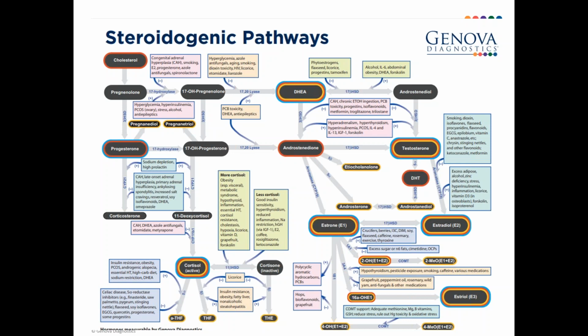That's a lot. There's a lot on this page. But in essence, over time, we've grown to love this paper because it really does show. You start at the top left, it flows over to the right and down. We're going to refer back to this page as we go through, but just to try to wrap your mind around the concept of cholesterol to progesterone, cortisol, androgens, then down into the estrogens. We'll come back to that, but it's an important page.